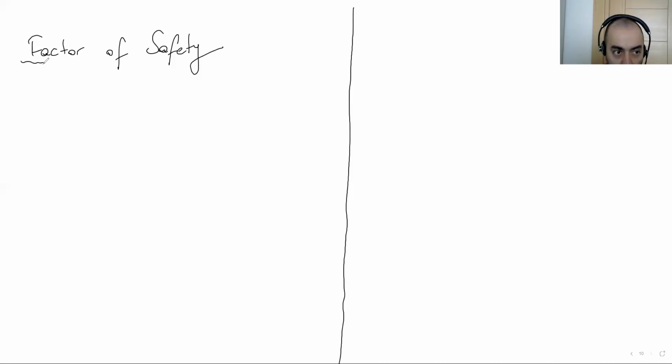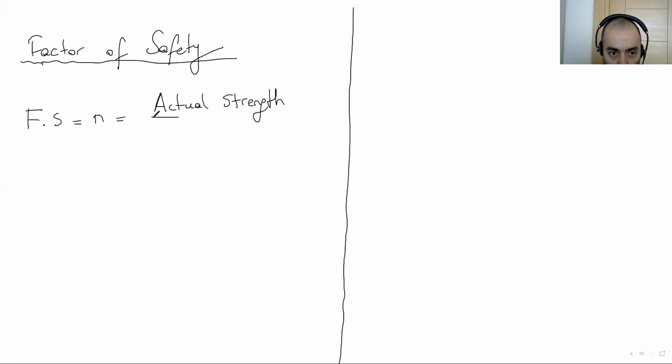Factor of safety, or N, is actual strength over required strength.